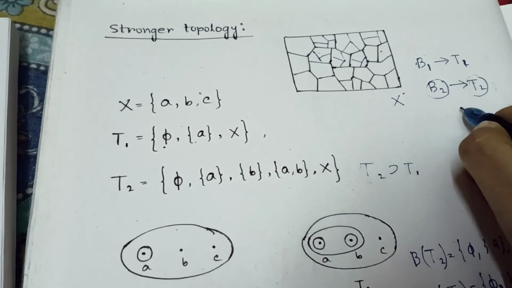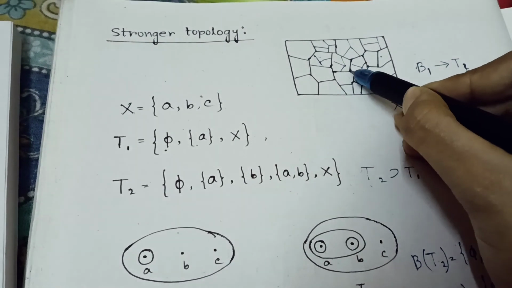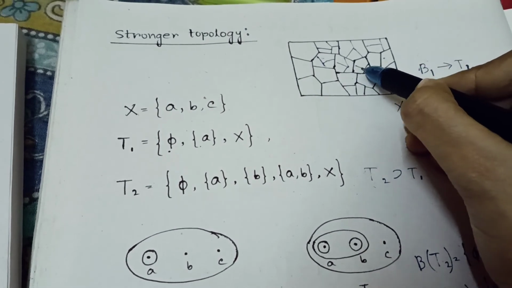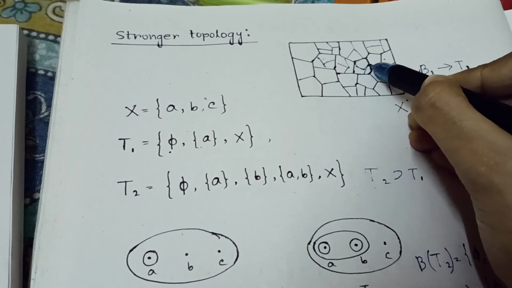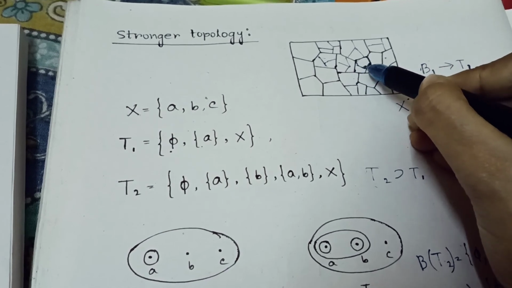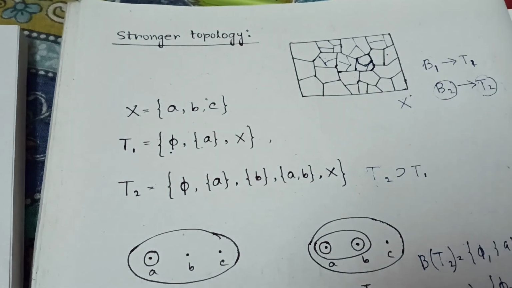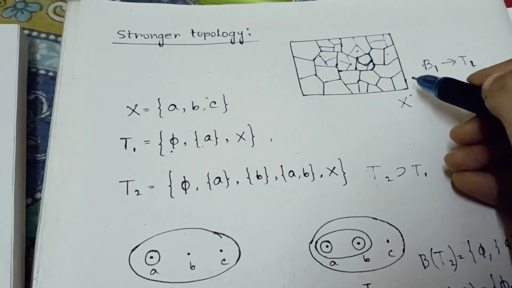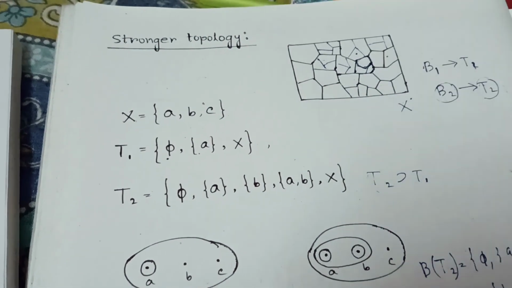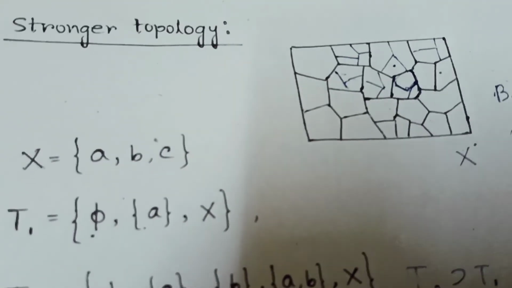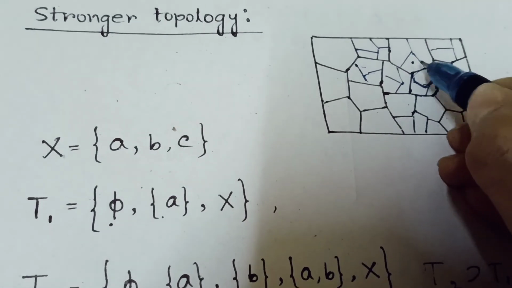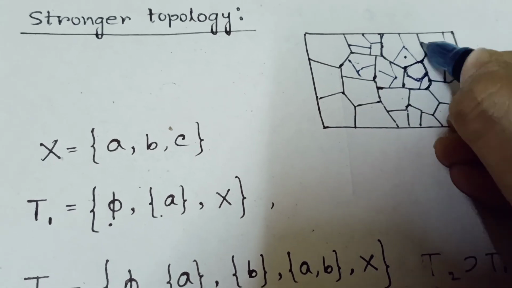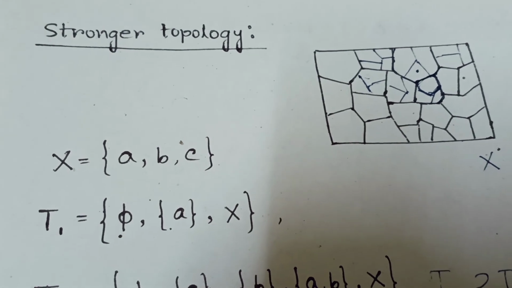For any element of B1, take this one, there always exists an element of B2 which is totally contained in it. See, if we take a point, call it x, lying in X, and this is the piece in B1 where this point lies.